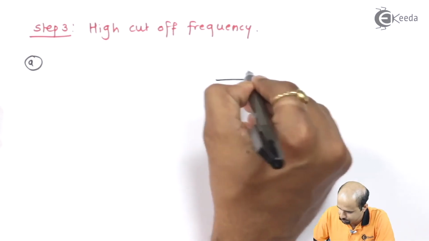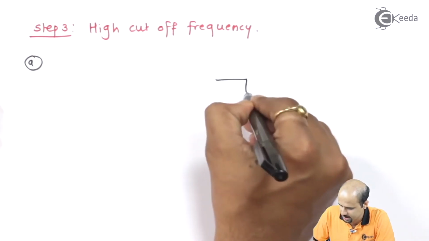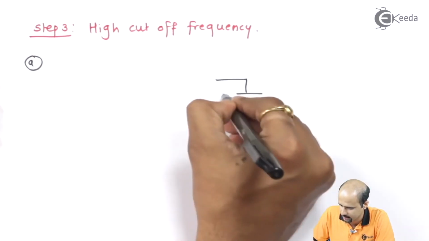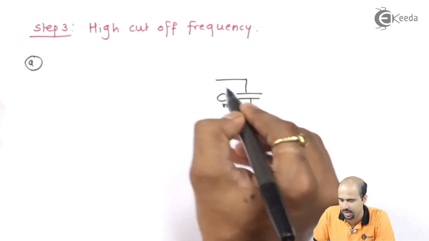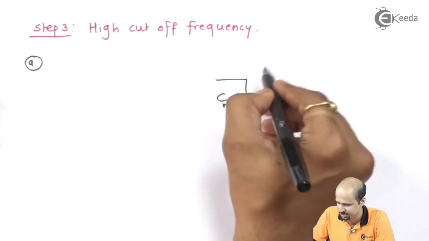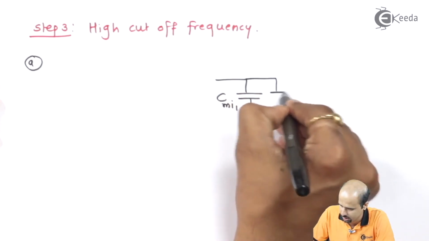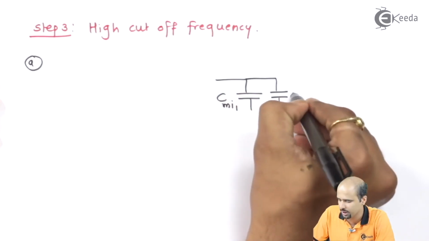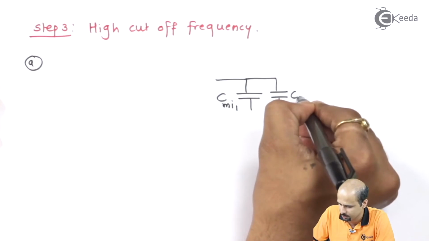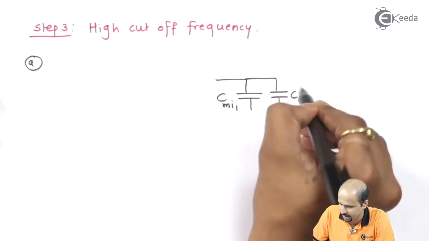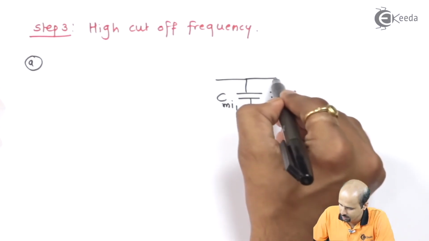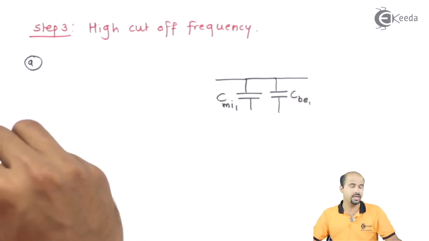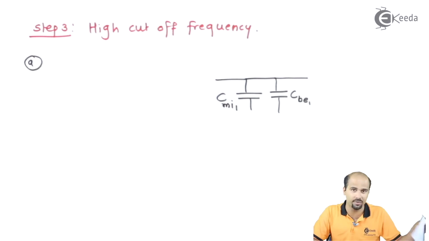The capacitors will be CMI1, that is Miller's input capacitance, and second is the capacitance between base and emitter, that is CBE1, which is given, and whether wiring capacitors are given or not, that we'll have to check.